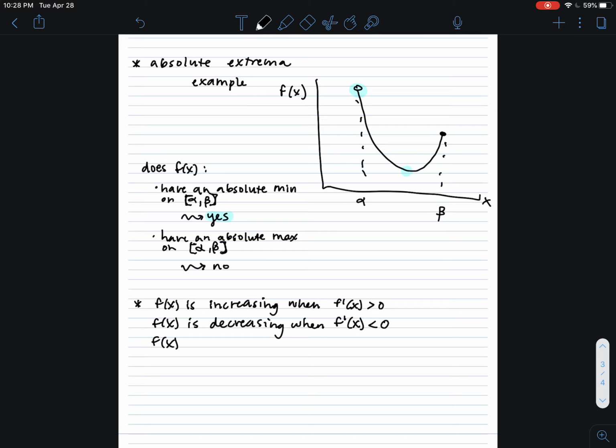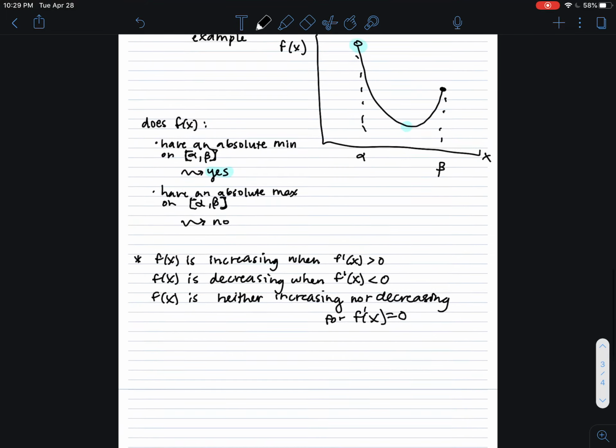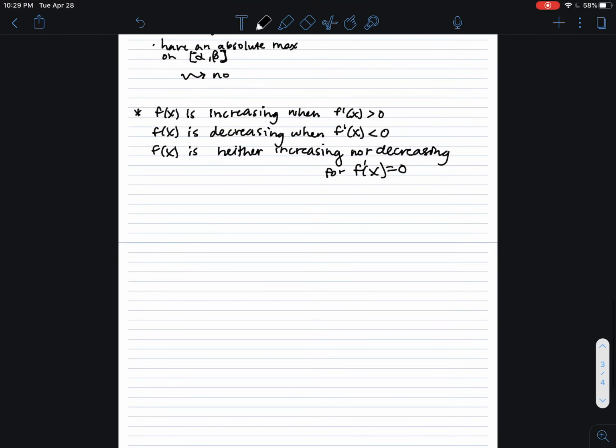And f of x is neither increasing nor decreasing for f prime of x equaling 0. We talked about that, I believe, at the beginning of chapter 4.